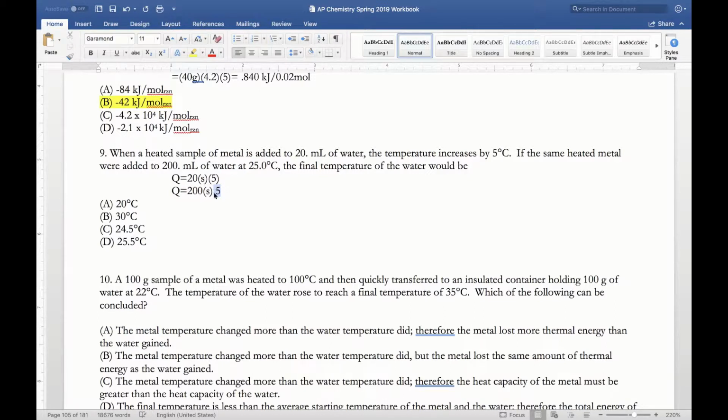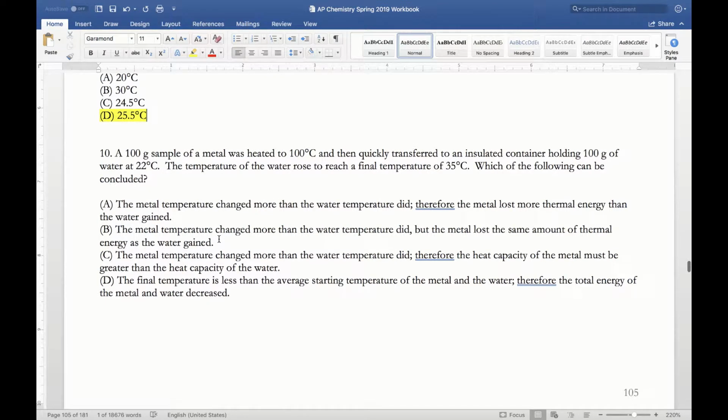So my change in temperature is going to be 0.5. My temperature of water started at 25, and so it's going to end at 25.5. The hardest part of this is just recognizing that since your heats stay the same, the only thing that can change other than your mass of water, which did change, would be your change in temperature.